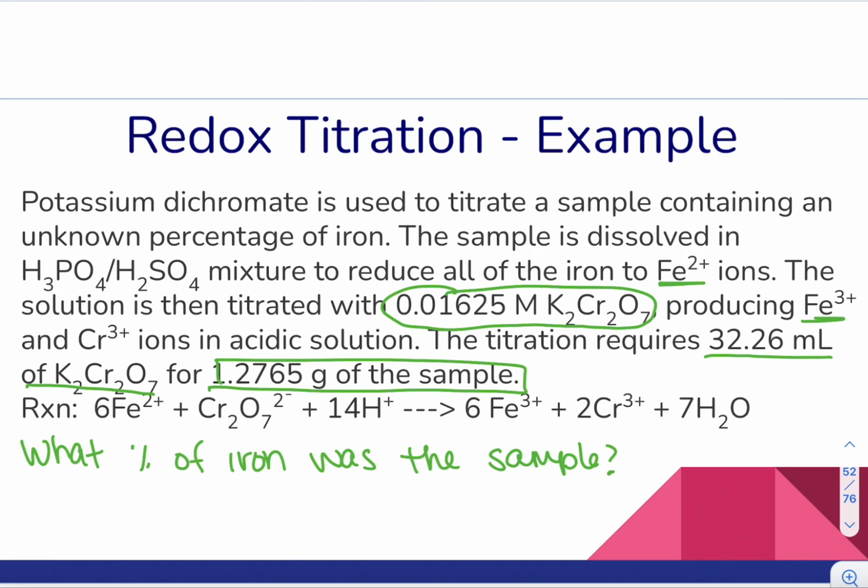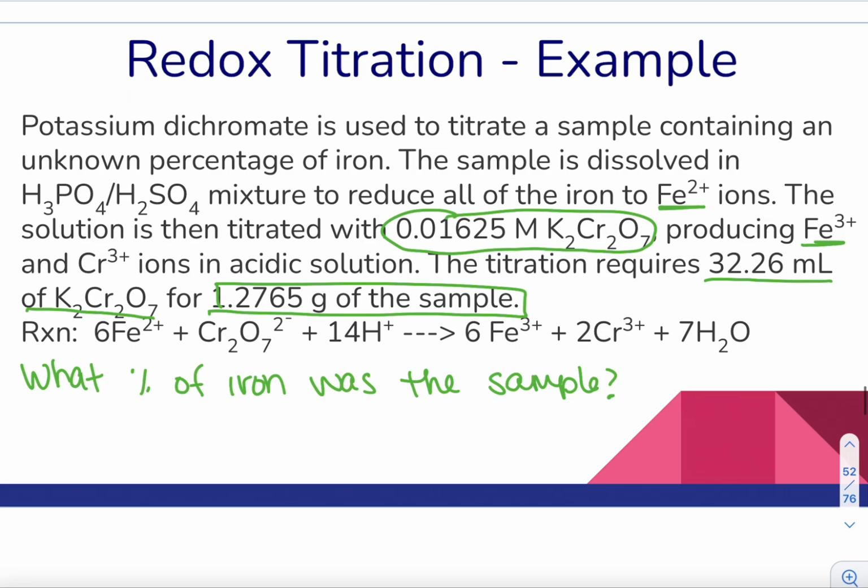So let's think about what we would need, if we work backwards, what we would need to figure out what percentage of the sample was iron. We're going to need to know the grams of iron. Okay? So what we need is grams of iron.